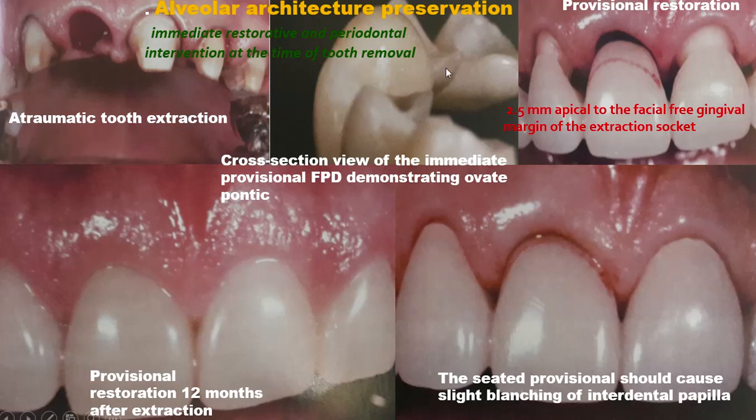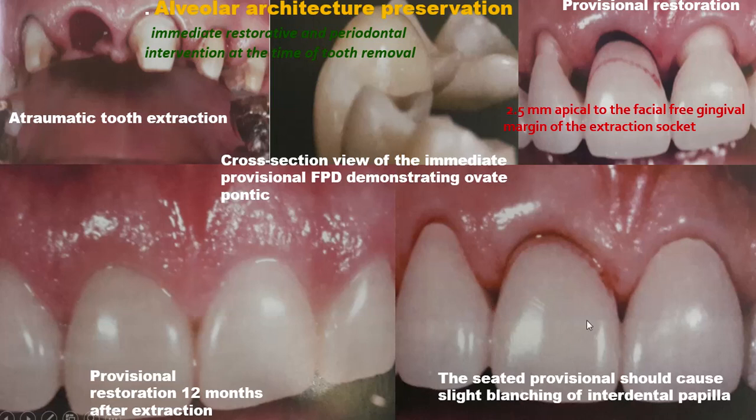Instead of leaving the patient to heal, we do a guided healing procedure to shape the socket or the ridge so that we don't need to do surgery. The temporary bridge with a pontic overextended inside the socket about 2.5 millimeters apical to the facial free gingival margin of the extraction socket. Then after extraction we cement this bridge.